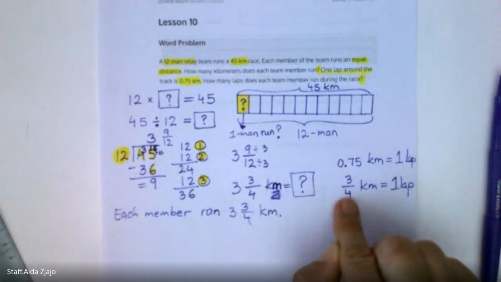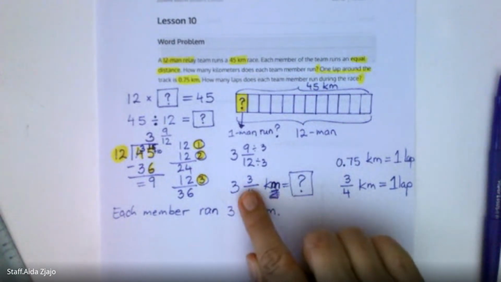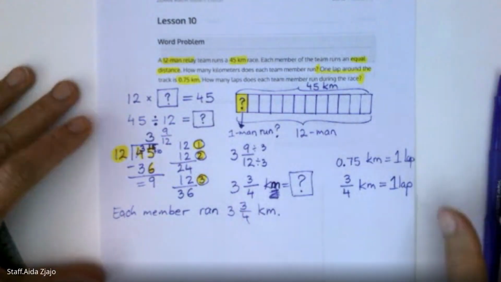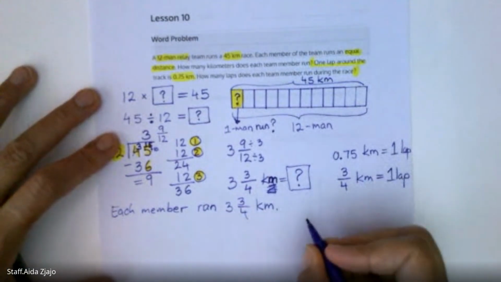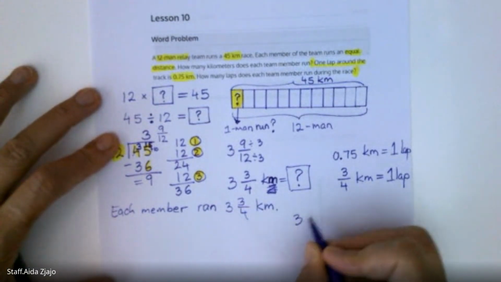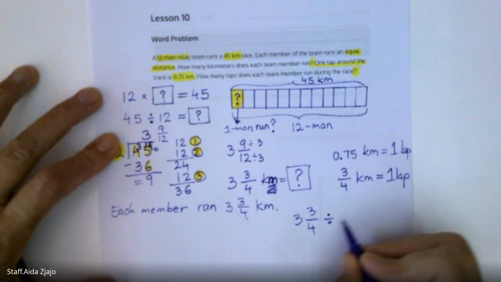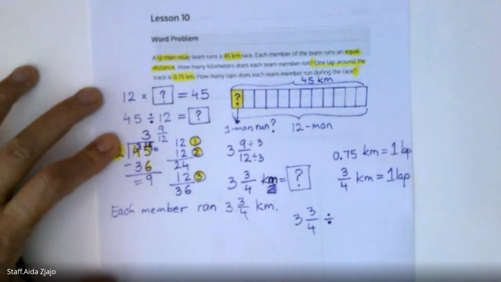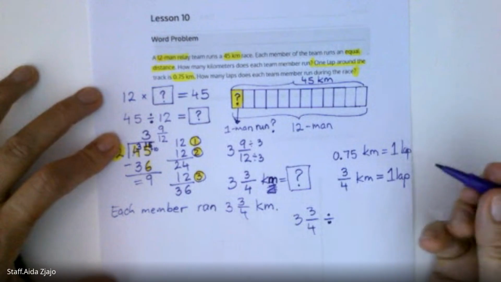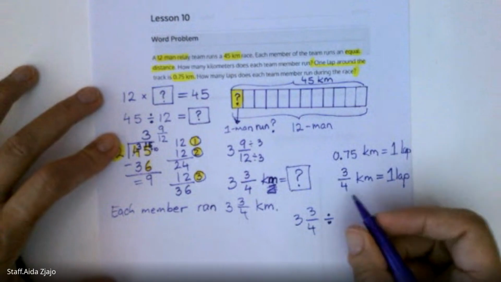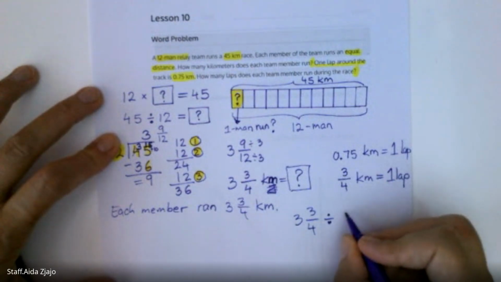So how many laps are in 3 whole kilometers and 3/4 of a kilometer? So there's a different approach to it. Mathematically, you can say 3 3/4 divided into groups of 0.75 or 3/4.